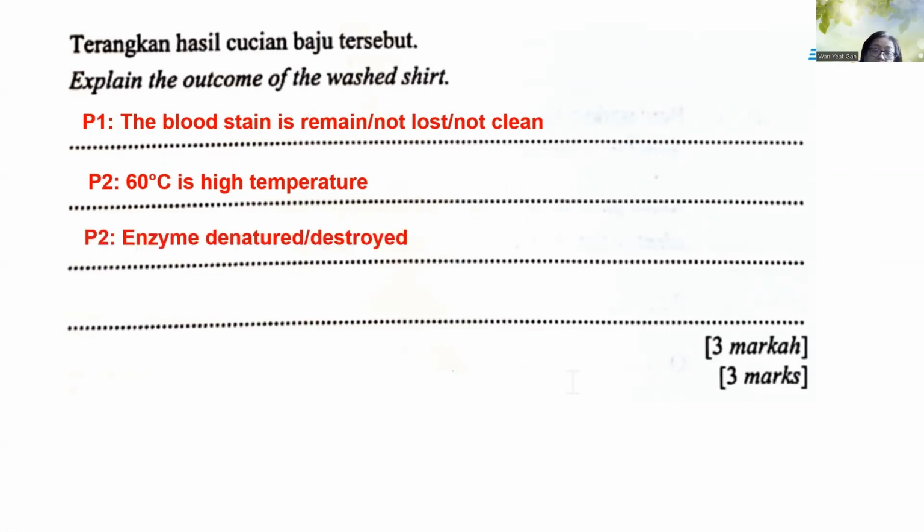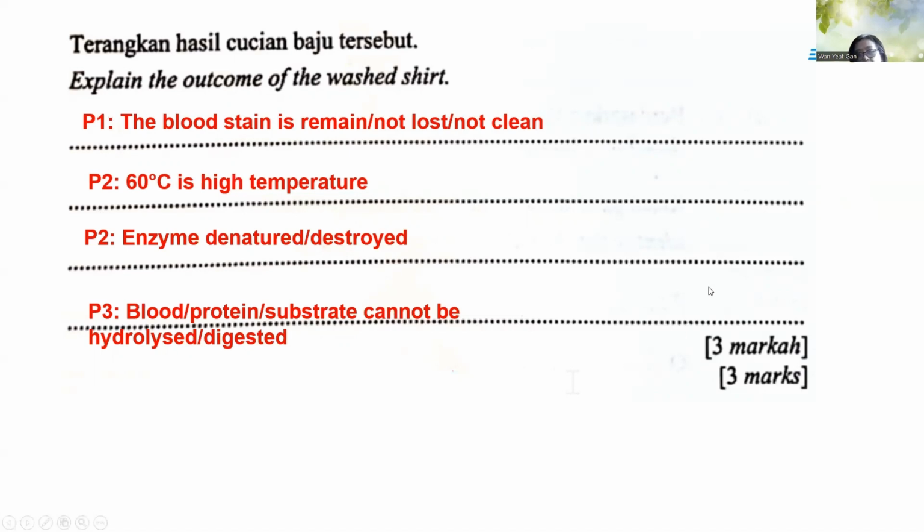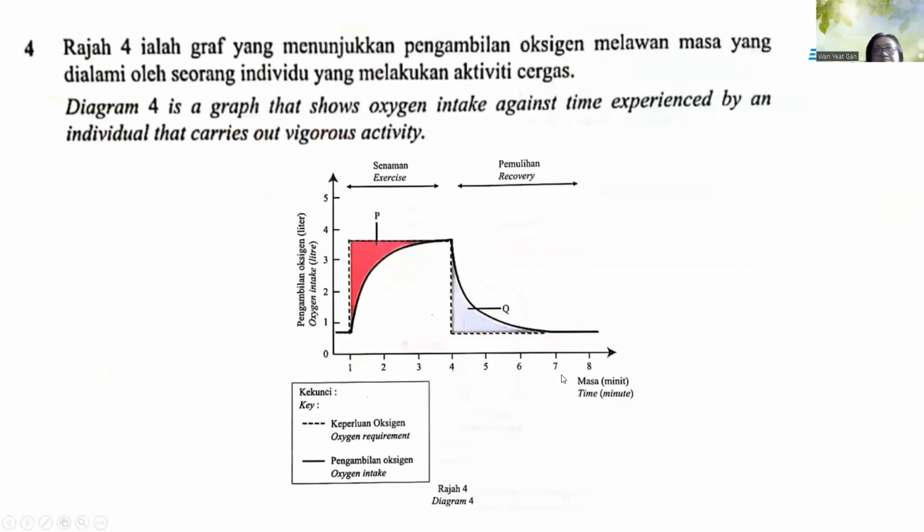Denatured means it is destroyed. So that is why the blood stain cannot be removed. The first part is the observation, and the other part is the reason or the explanation behind it. Okay, right, next.